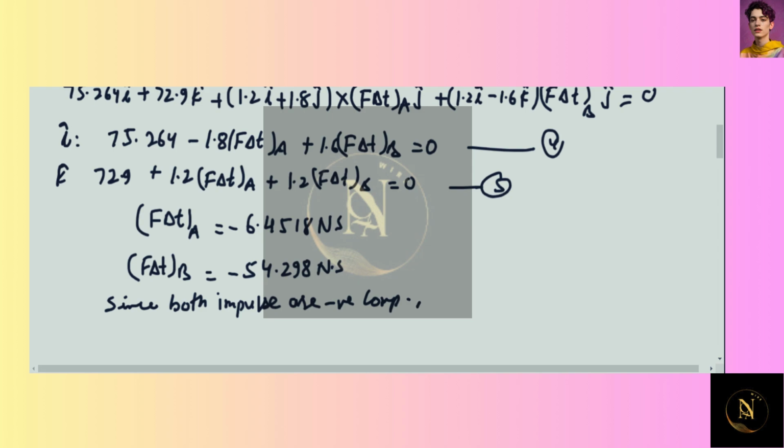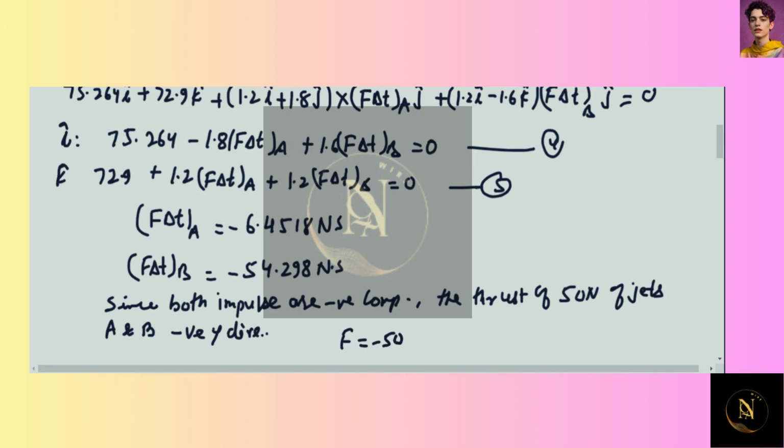Thus the thrust of 50 Newton of jets A and B is along the negative direction. So F is minus 50 Newton.